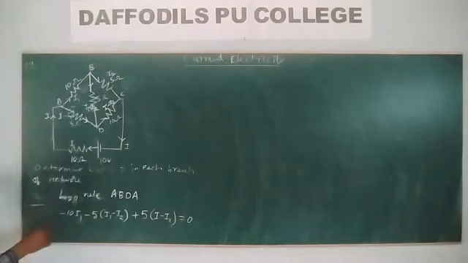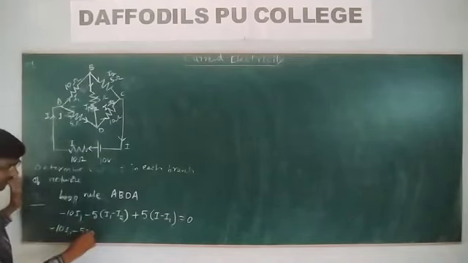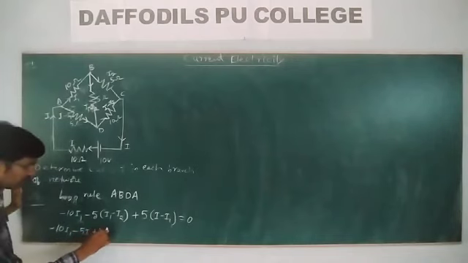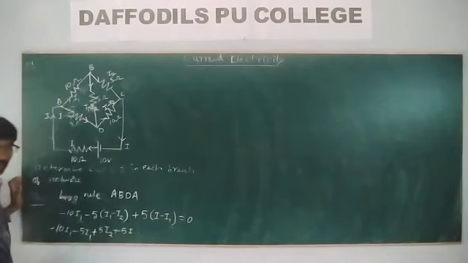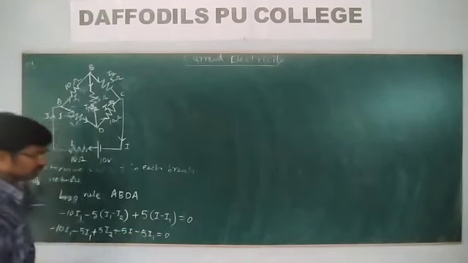Now simplify: minus 10 I1 minus 5 I1, again minus into minus plus 5 I2, again plus 5 I minus 5 I1 is equal to 0.